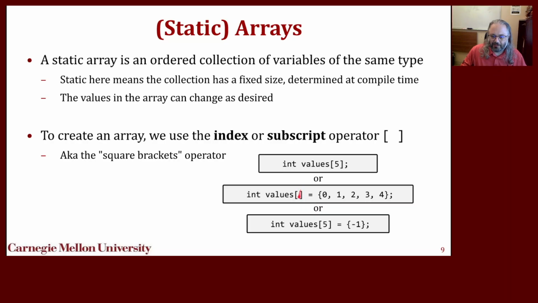I can, but I can remove that 5 because now I'm giving 5 values. It knows the array is of length 5. So now I want to declare a list of integers called values containing the values 0, 1, 2, 3, and 4 in that order.